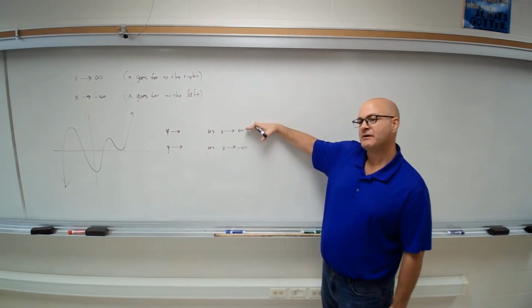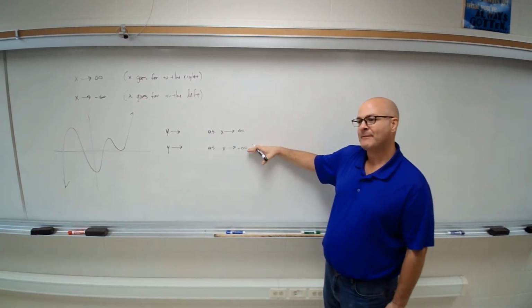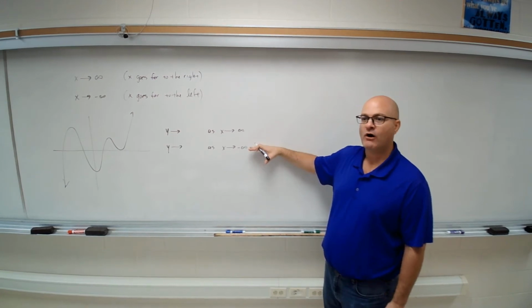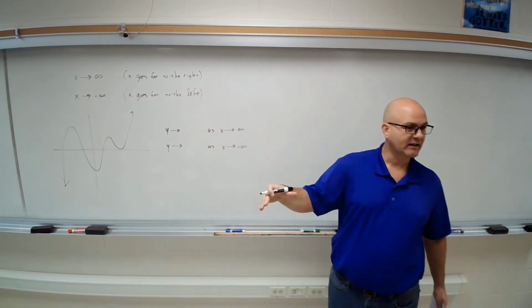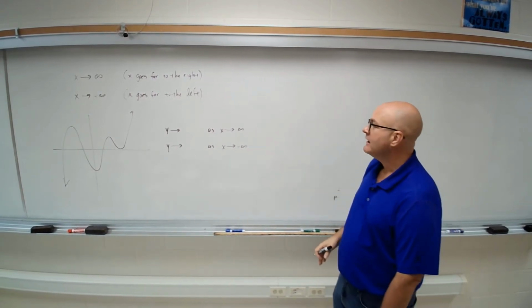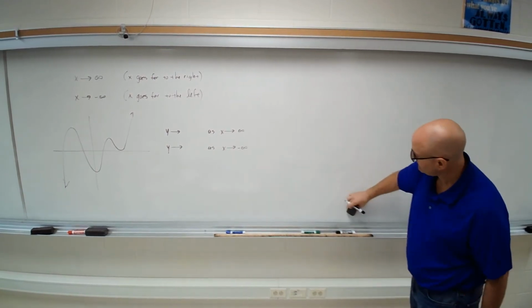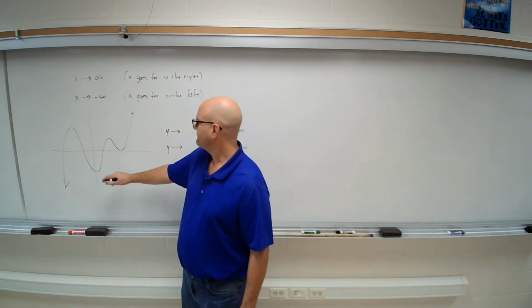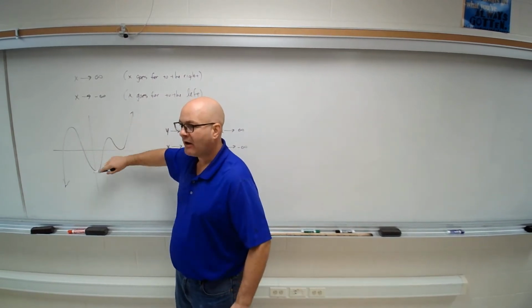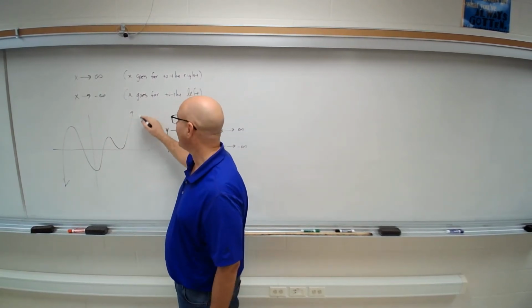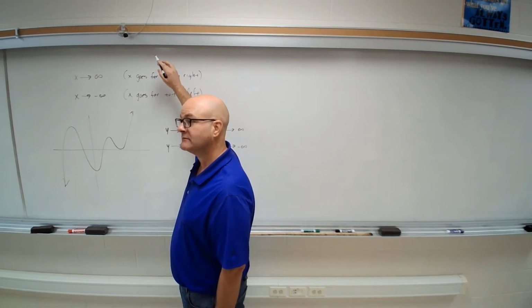If you're going to write it this way, you need to have both of these lines. This is what happens as we go to the right. This is what happens as we go to the left. Okay, it'll always be one to the right and one to the left. Now, if I look as we go to the right, I see that there's kind of polynomial behavior and bouncing, but here it just goes up to the right forever, right?